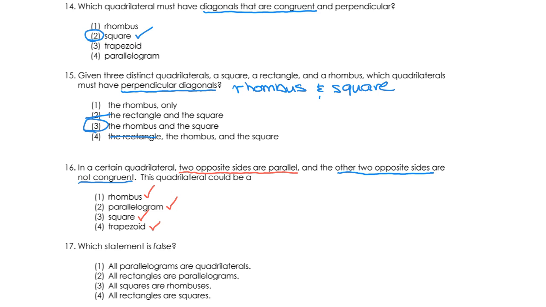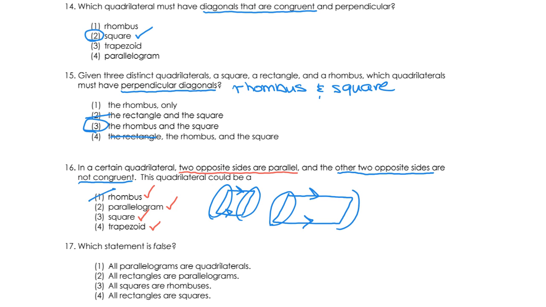Well, in a rhombus, it has a pair of parallel sides, but they're saying that the other 2 sides are not equal. Well, in a rhombus, they are. In a parallelogram, if these are the 2 opposite sides that are parallel, the other 2 opposite sides are congruent. So it's not a parallelogram.